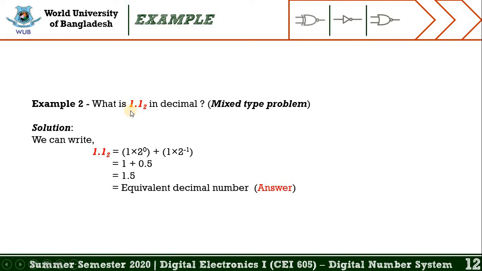The binary number of this problem is 1.1. For your understanding, here is the solution of this problem. I hope there is no problem for your understanding. So let's move to the next slide.